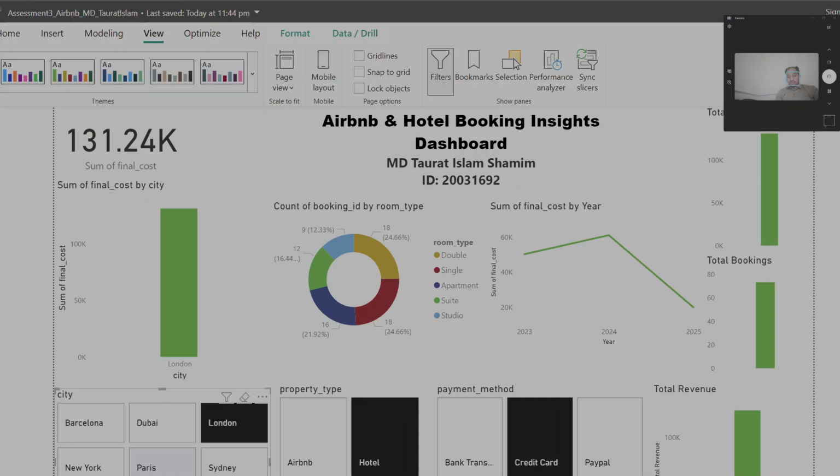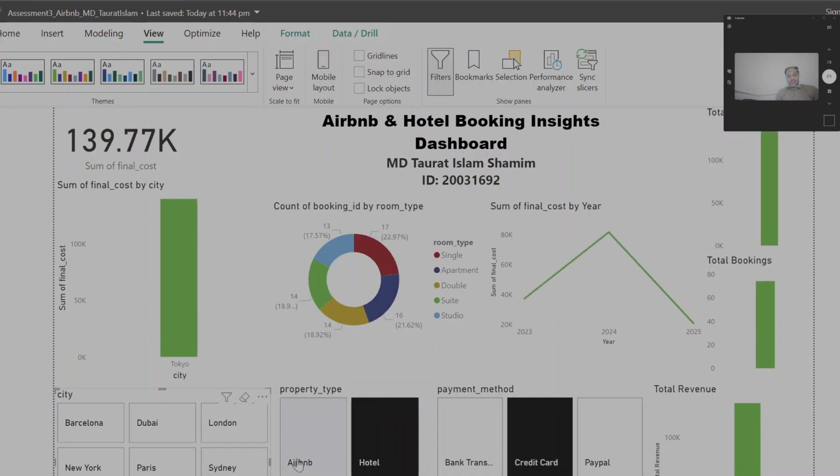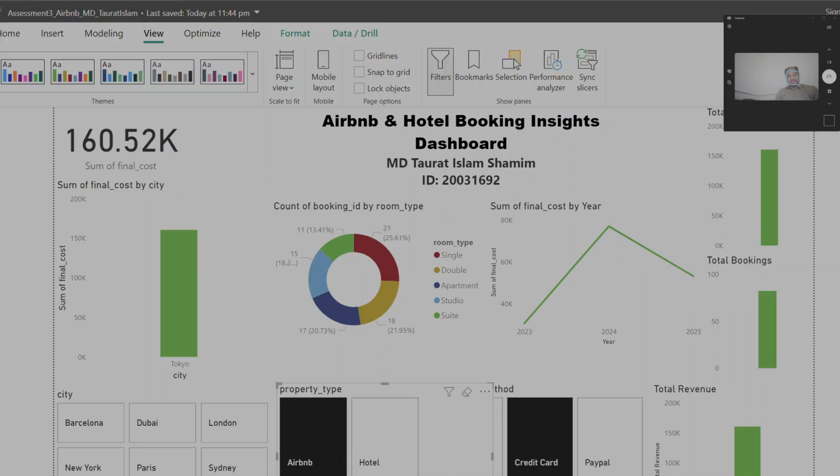I can also filter by property type, whether it is Airbnb or hotel, and by payment method like credit card, bank transfer, or PayPal. This makes the dashboard very flexible. Instead of looking at a static report, managers can explore the data themselves and find exactly what they need.